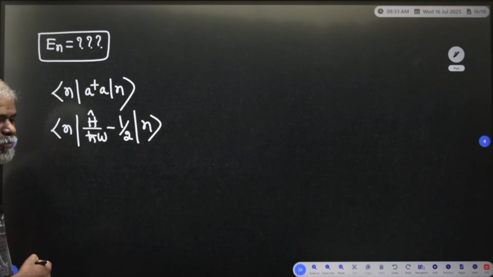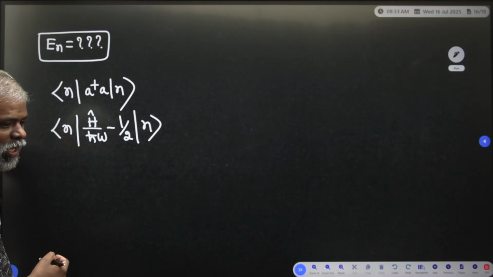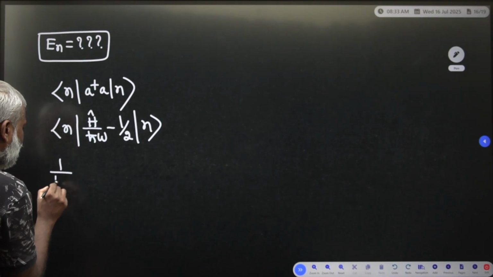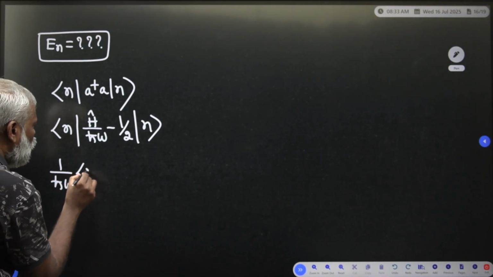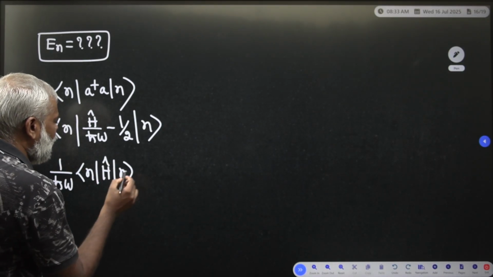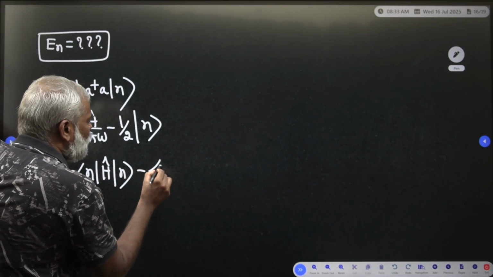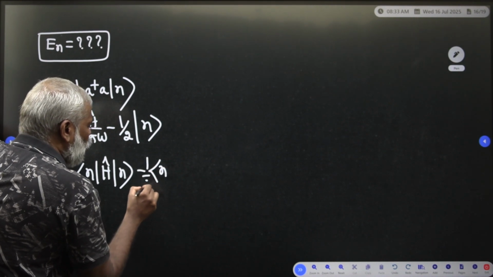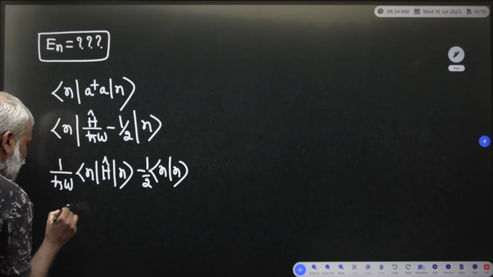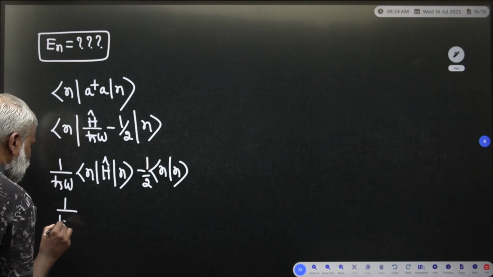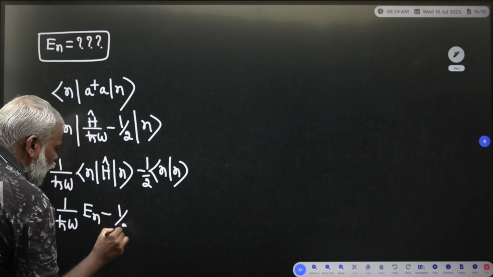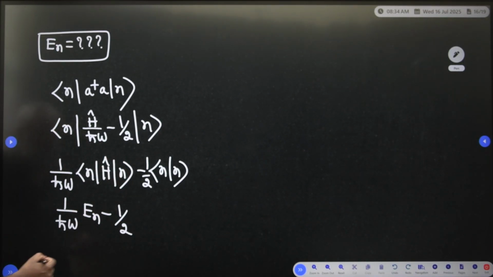So this is the expectation value we take. What is going to happen? You have to see 1 by h cut omega into bra n, expectation value of H, ket n, minus 1 by 2 into bra n ket n. So therefore we write 1 by h cut omega into En minus 1 by 2, since bra n ket n is equal to 1.